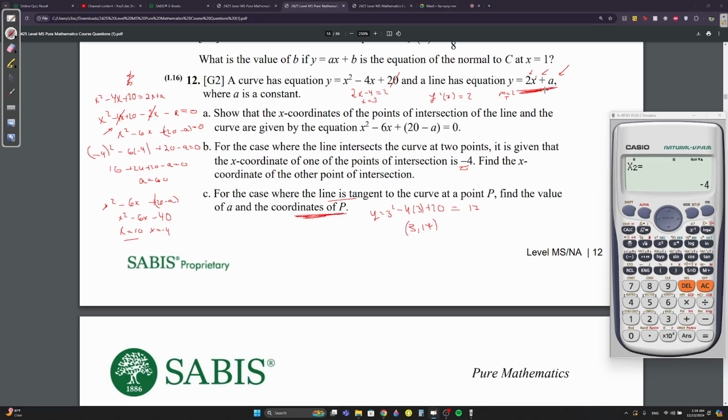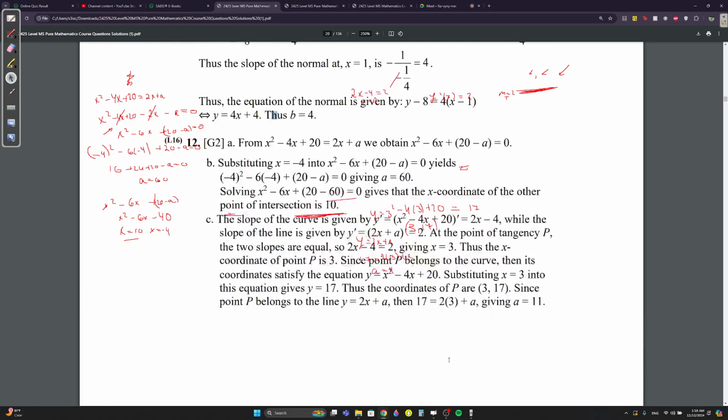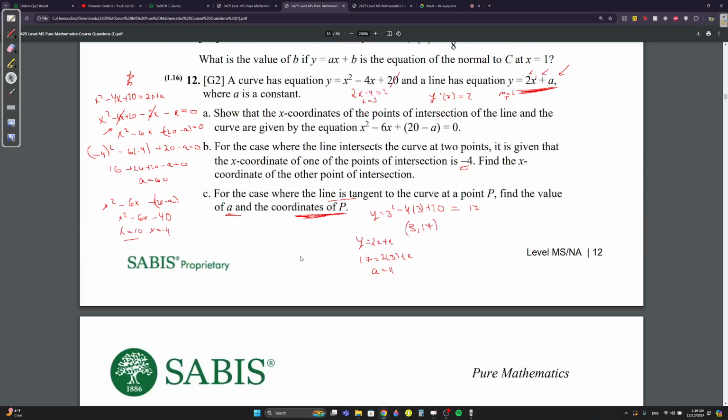We go back to here to find our a, because remember they said to find a. So y equals 2x plus a. What's y? 17. 2 times 3 plus a. So a should be 11. Let's see. Yes. There you go.